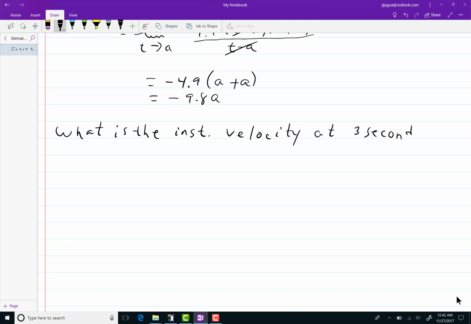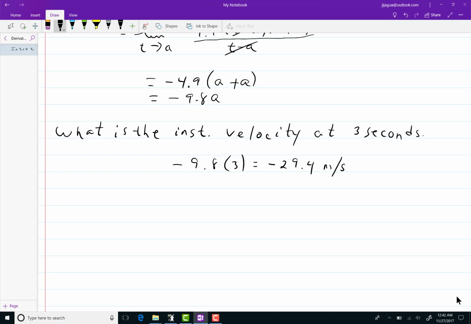All I have to do then is replace the a with a 3, and that's negative 29.4 meters per second. You can do this all day long.